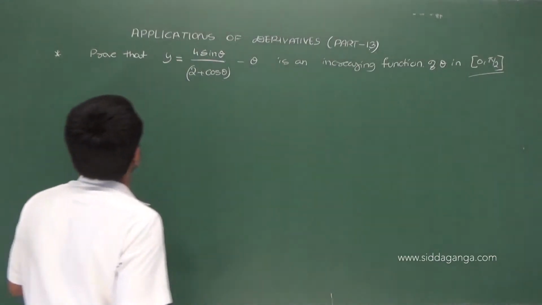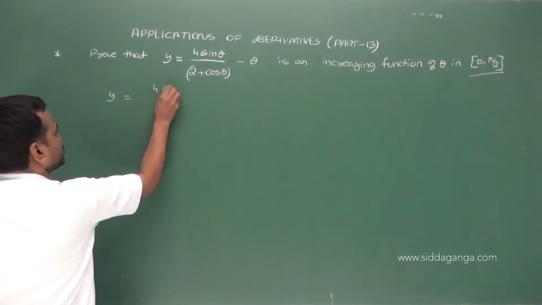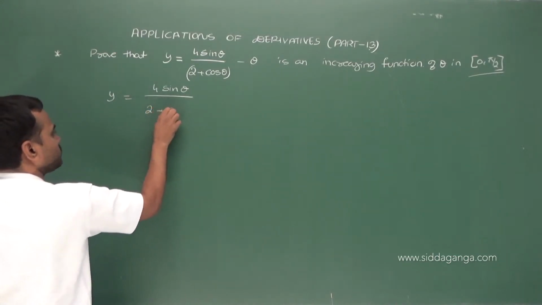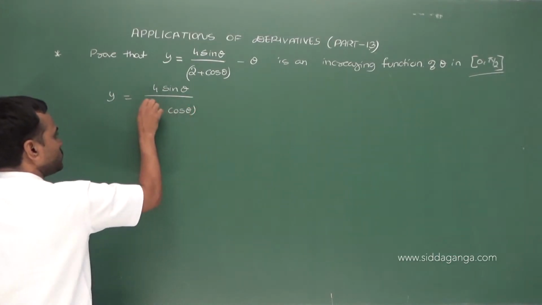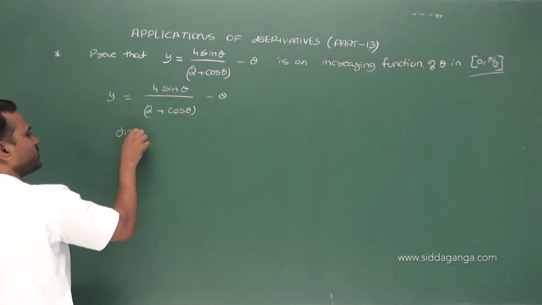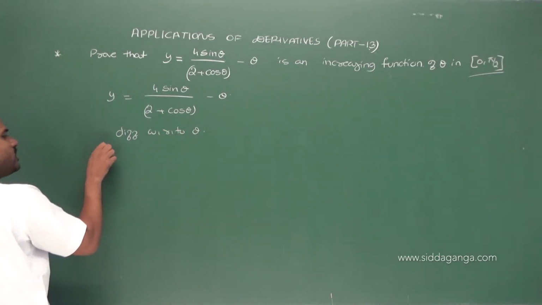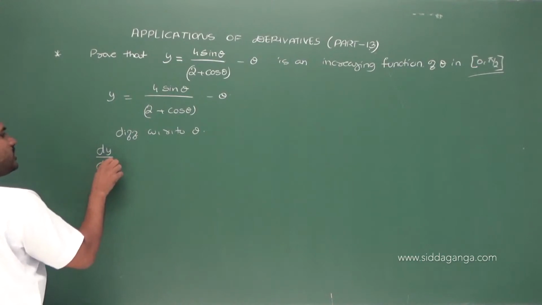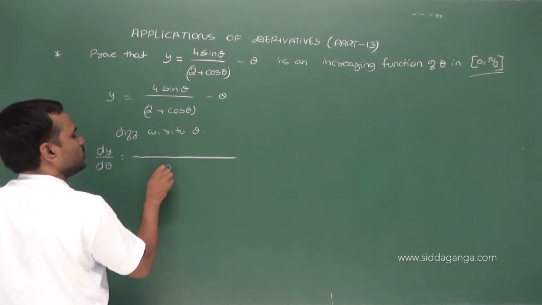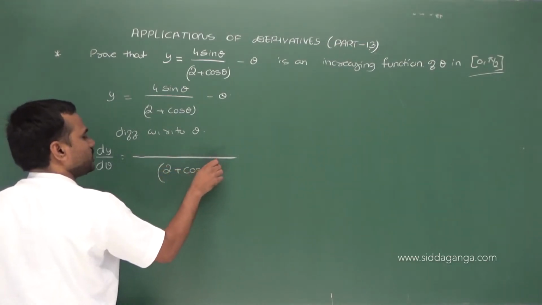So, okay, what do we do? We differentiate this function with respect to theta. Carefully you also differentiate. You know very well about the derivative. So dy by d theta, for the quotient rule: 2 plus cos theta whole square.